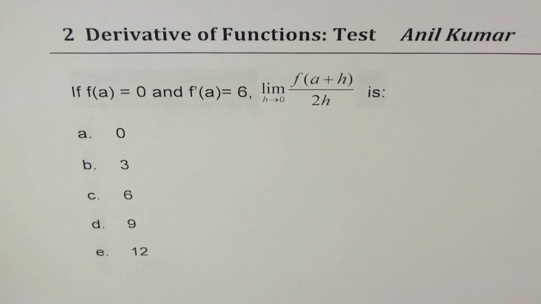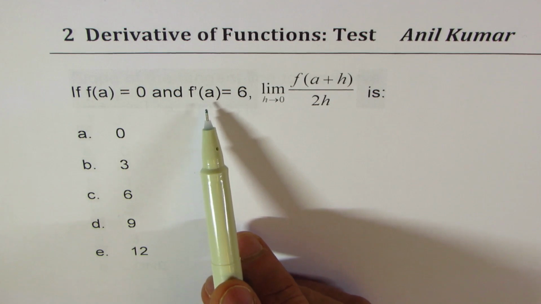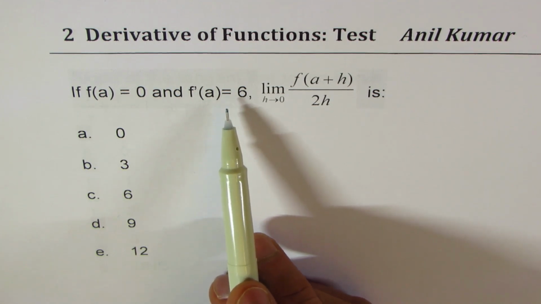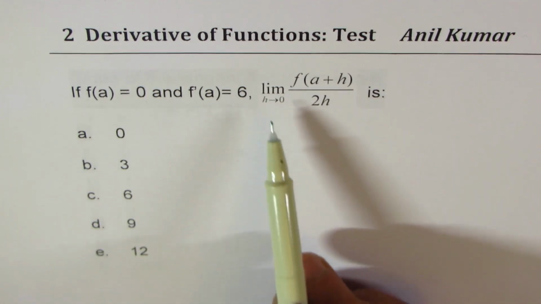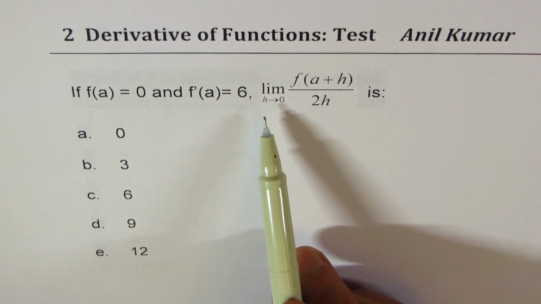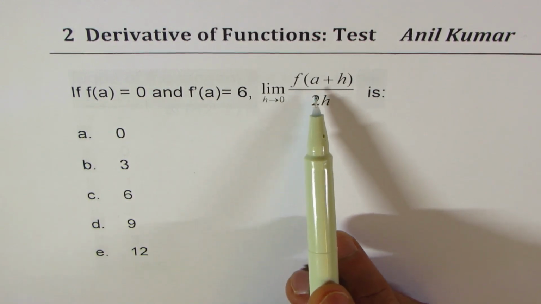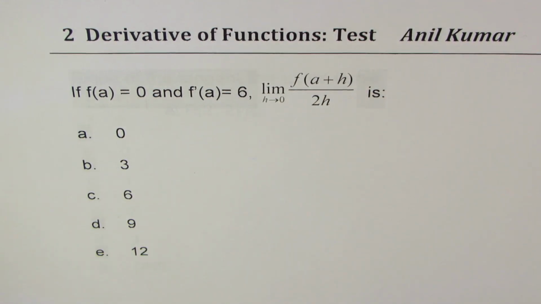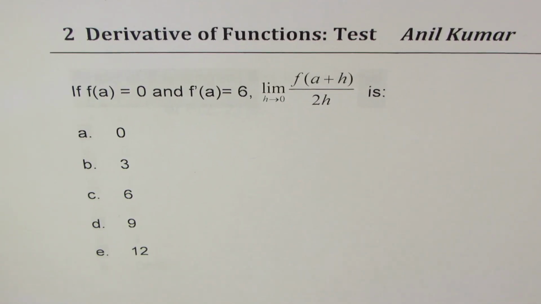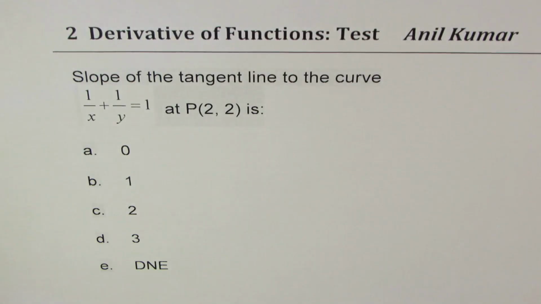We're almost at the end. The question here is, if f of a equals 0 and derivative at a is 6, then limit of the function as h approaches 0 for f of a plus h divided by 2h is 0, 3, 6, 9 or 12.